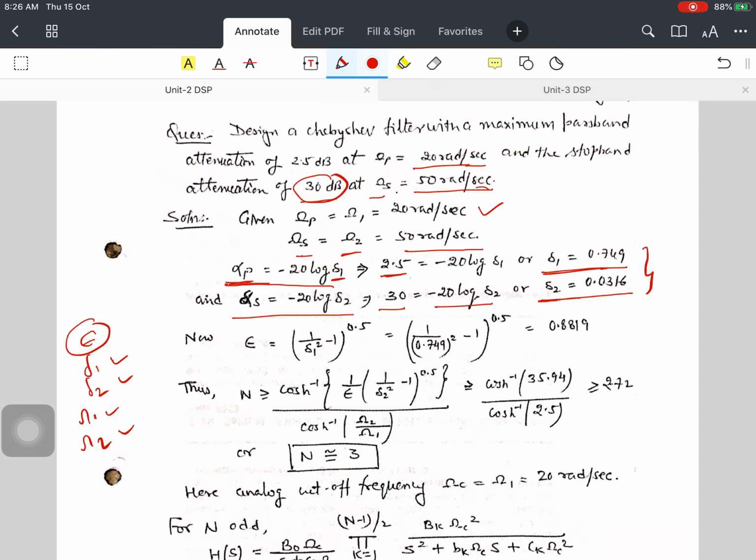We have already derived this formula in the previous lecture, that is epsilon equal to 1 upon del 1 square minus 1, to the power 0.5. Del 1 we already calculated, so just put the value of del 1 and we will have the value of epsilon, that after calculating is coming 0.8819.